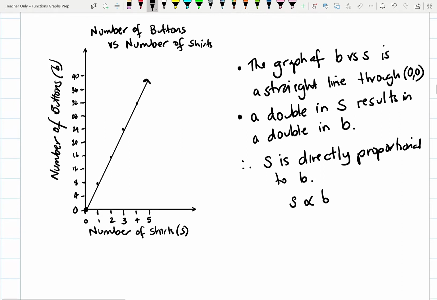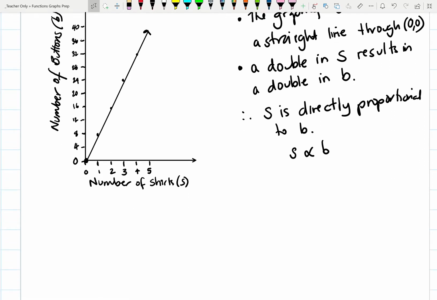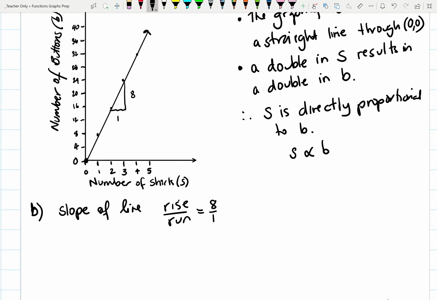The second question says find the proportionality constant, and you can either do that through the slope of the line. So rise over run, so just pick 2 points and find the rise and the run. So the rise is going to be 8 and the run is 1. So 8 over 1 is 8, so k equals 8. That's one way that you can do it. You don't have to do both of them, I'm just showing you.